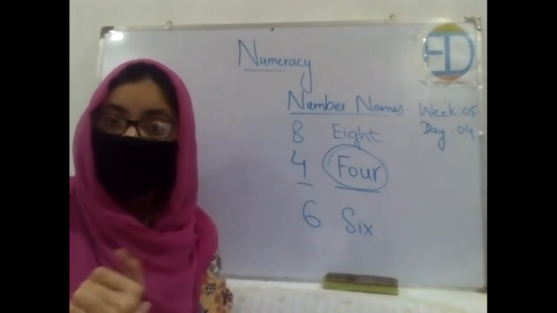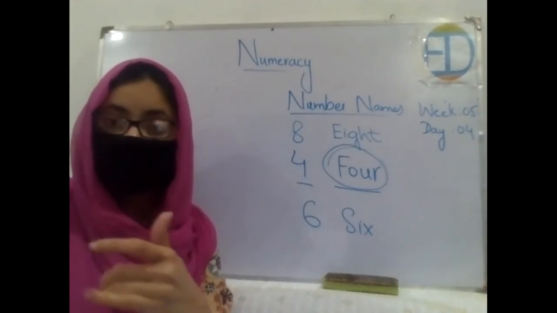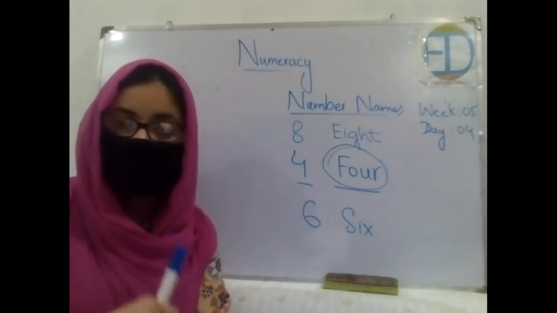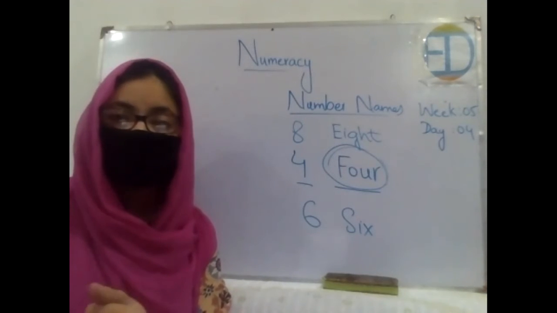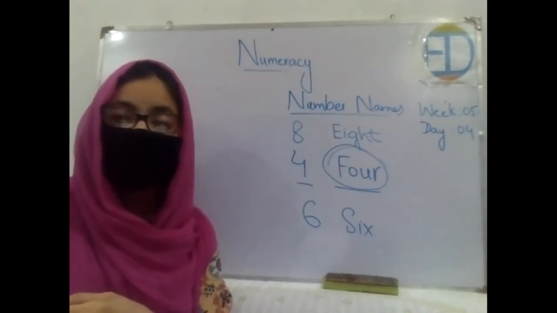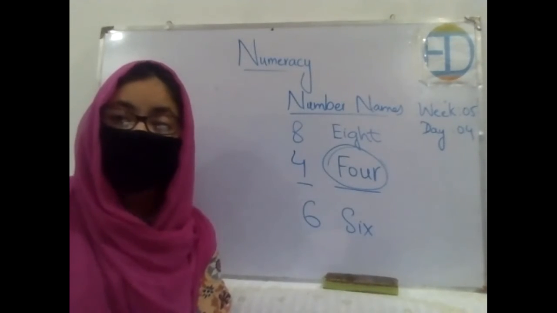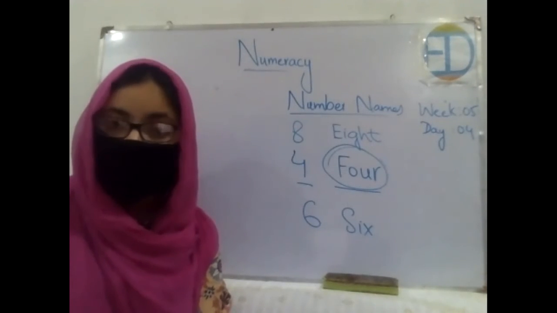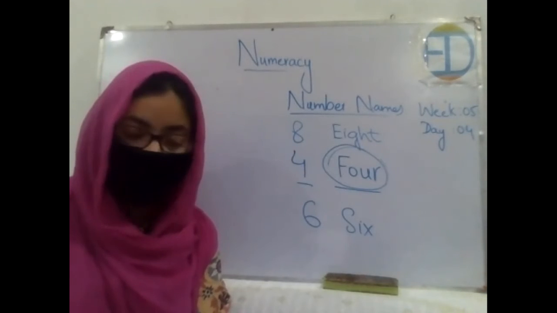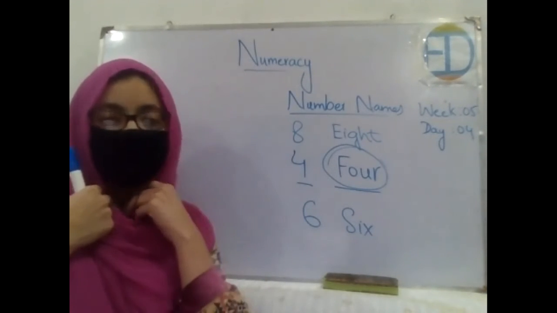Spellings of 7? Yes, Vasif. SEVEN 7. Very good. Then 8. Very good. And what comes after that? 9. And the spellings of 9 are NINE 9. Very good. And finally we have TEN 10.